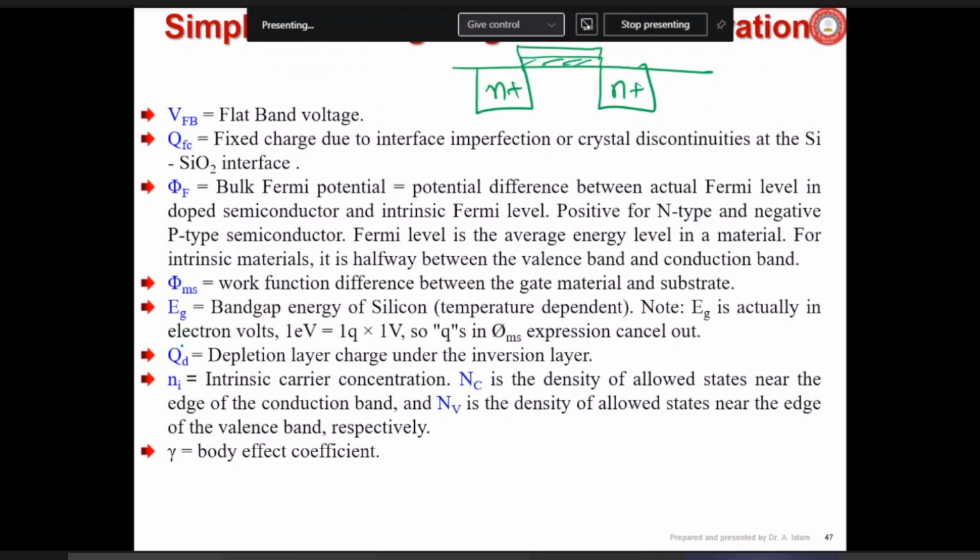QD, where will it exist? Sir, below the channel. Below the channel, somewhere you will have the inversion layer if you have sufficient gate to source voltage, that is if VGS is greater than VT. And underneath this region may be the depletion layer.